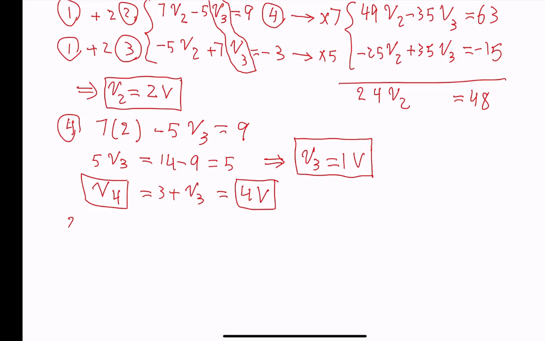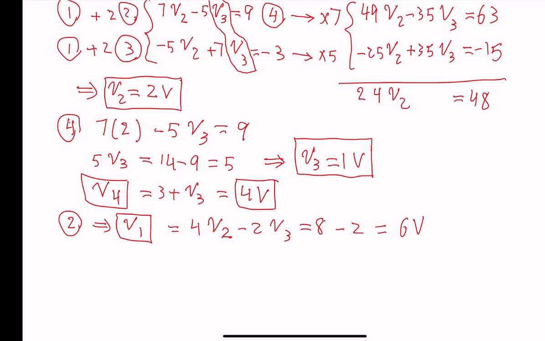Use equation 2. v1 is 4v2 minus 2v3, 8 minus 2, 6 volts. So we have the nodal voltages.